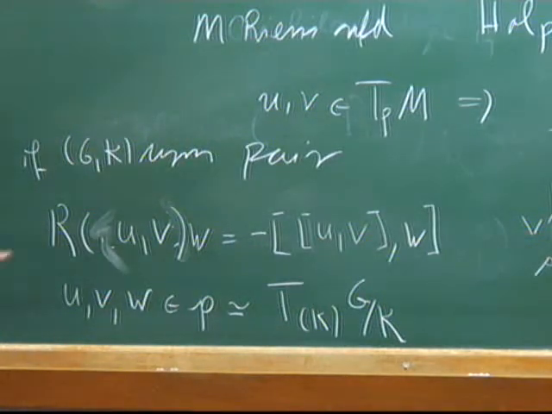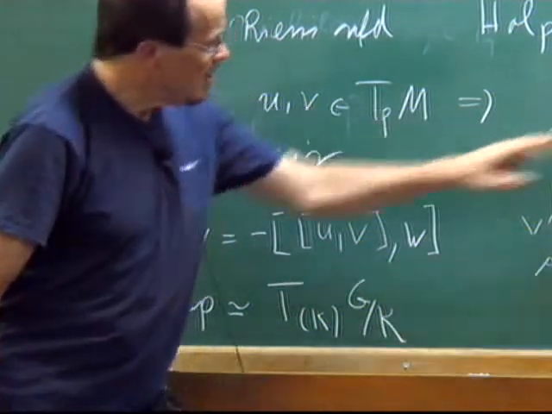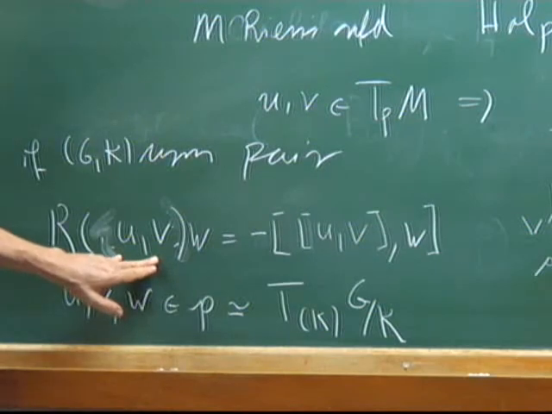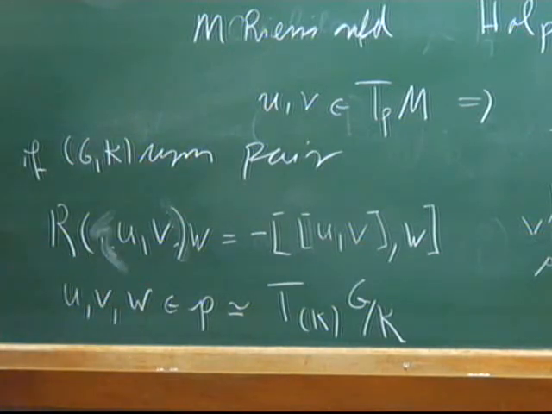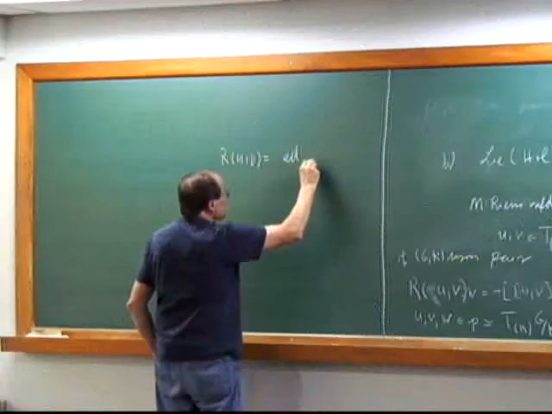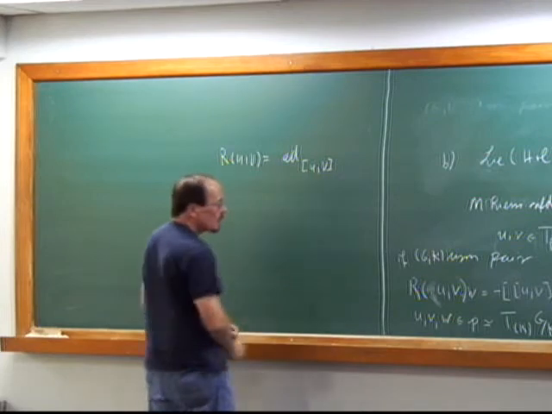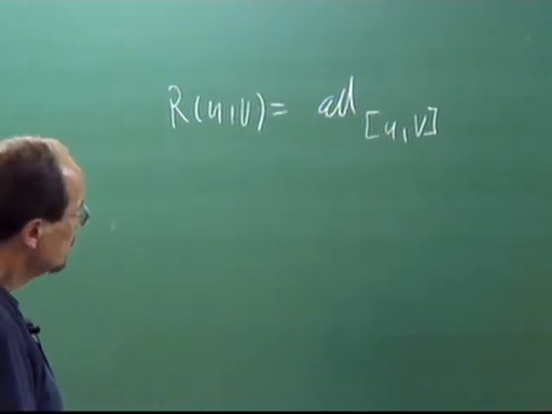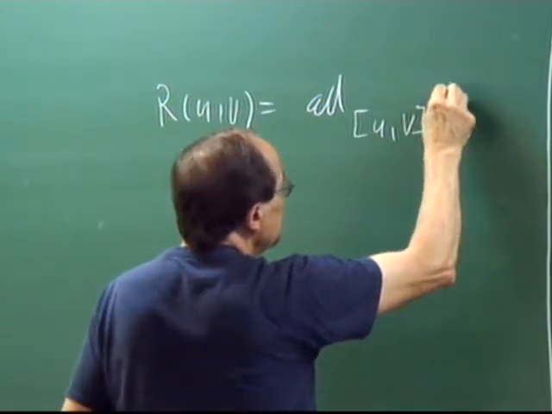So in other words, RUV, the one that lies in the holonomy Lie algebra, is simply a bracket. So I can say RUV is the adjoint of the Lie bracket between U and V as an endomorphism from P to P.